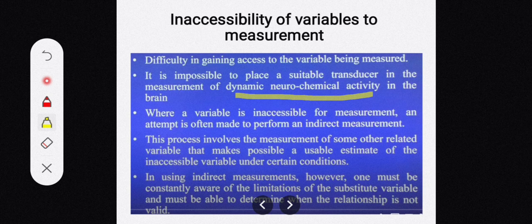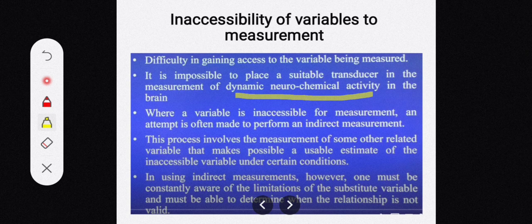Risk factor is there for the living body. So in that case, we cannot access the variable that we want to measure because we are not able to place the transducer. We are not able to devise the transducer, and even if we have devised it, we are not able to place it in that position so that the variable can be measured.